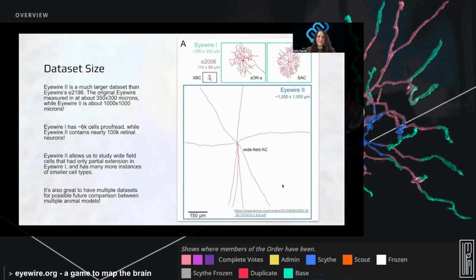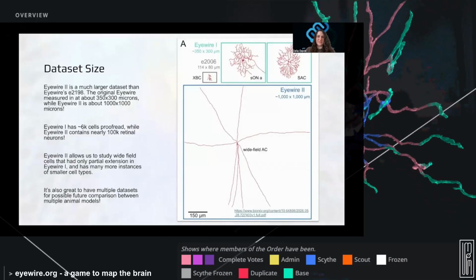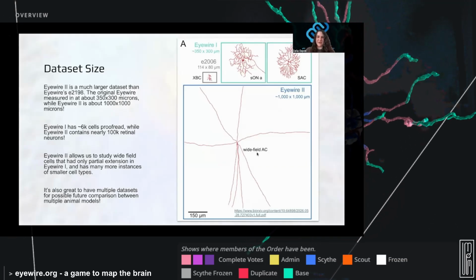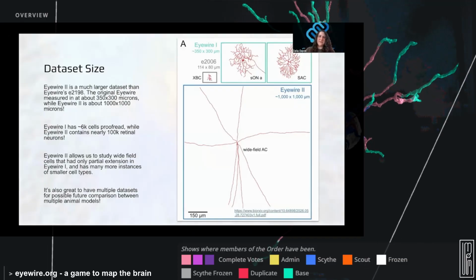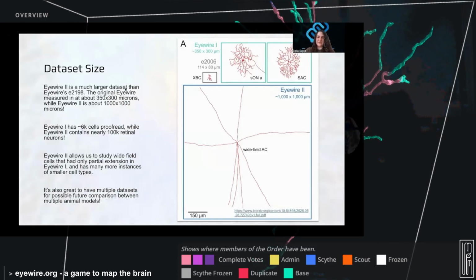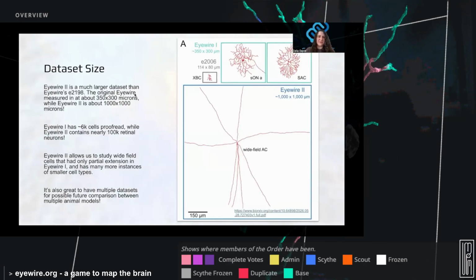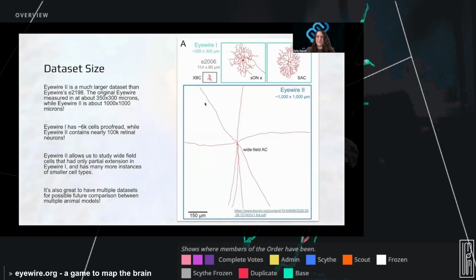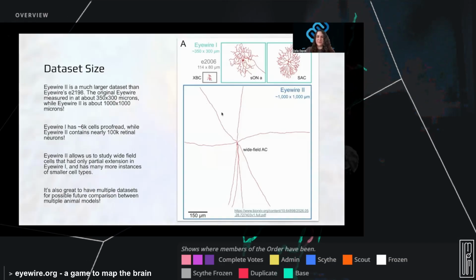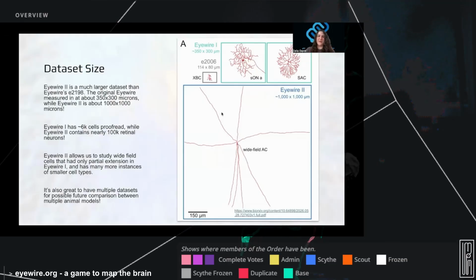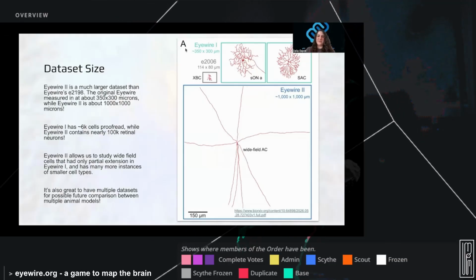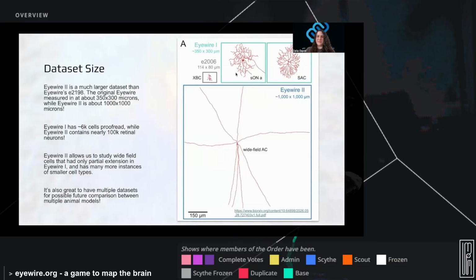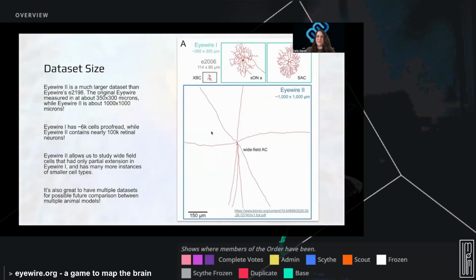All right. So this is the data set size as compared to EyeWire 1. As you can see, this is an image from our preprint paper that just came out, the EyeWire 2 preprint paper. And then you can see over here, this is the EyeWire 1 data set and the size of it as compared to the EyeWire 2 data set.